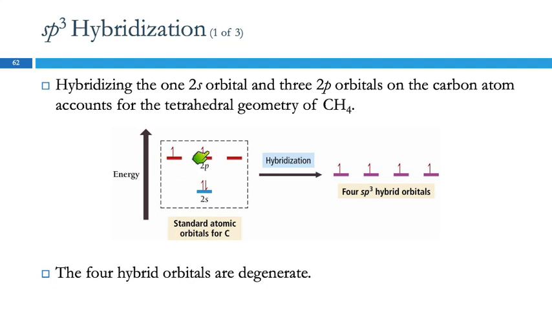If we hybridize these together, now we're going to get 4 orbitals that have the same energy as each other. So those 4 orbitals are degenerate. So this also works with my quantum hotel model. Whoops, that's not s, that's p.